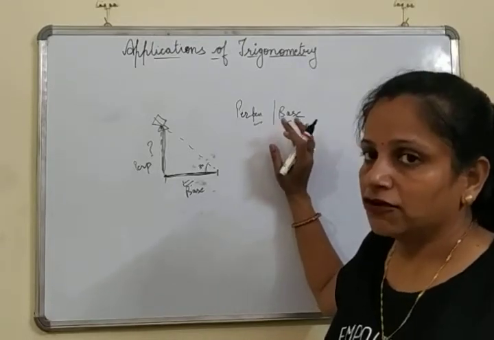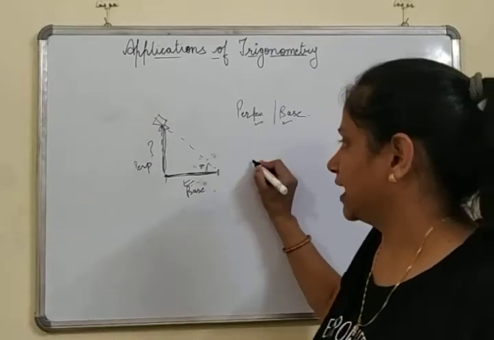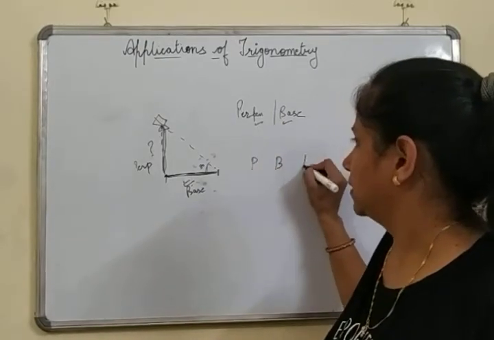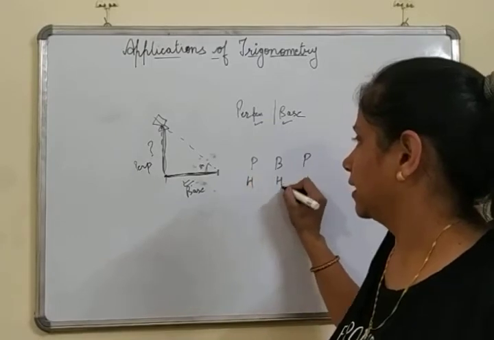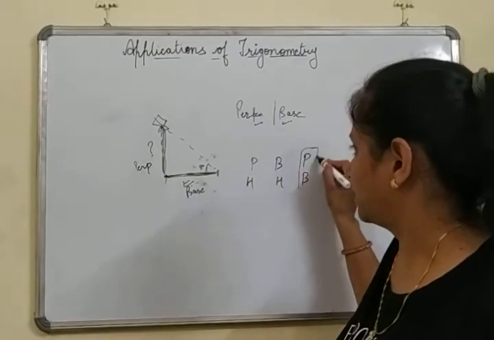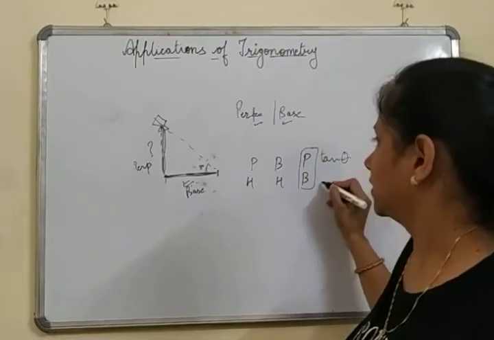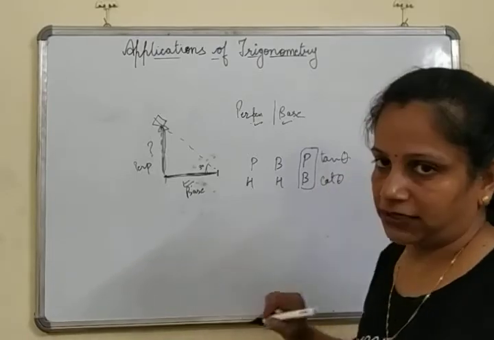If you remember, let us recall, we had Pandit Badri Prasad Har Bhole. So we need perpendicular and base, which are here. So it is related with tan theta and it is related with cot theta.